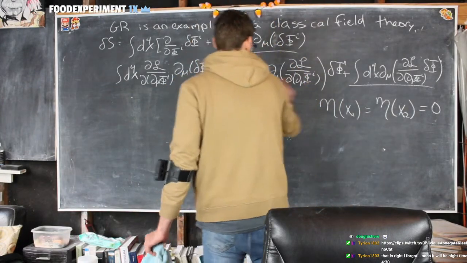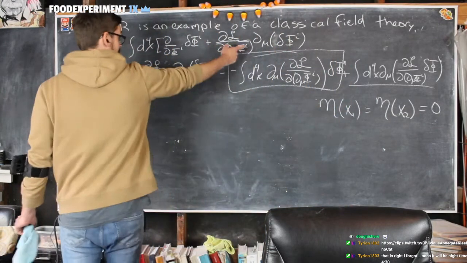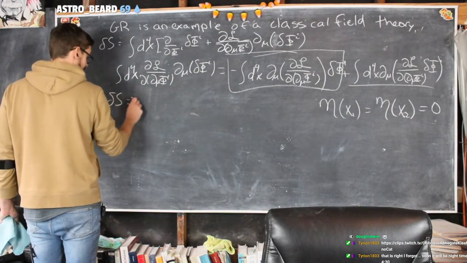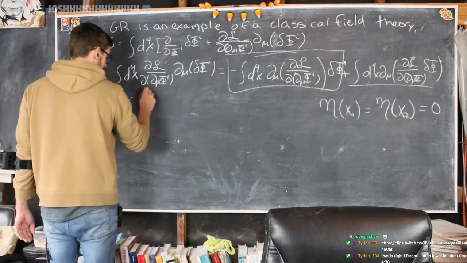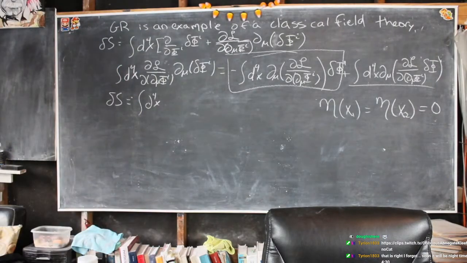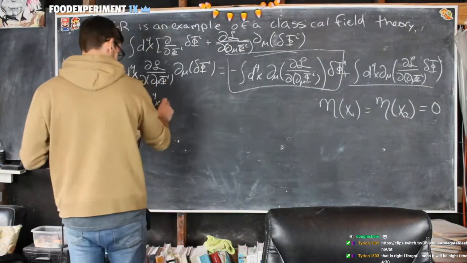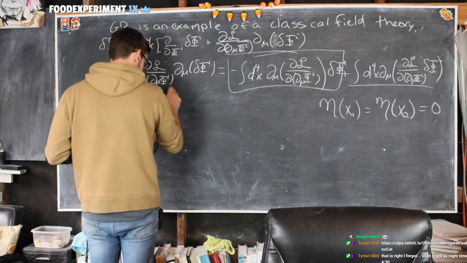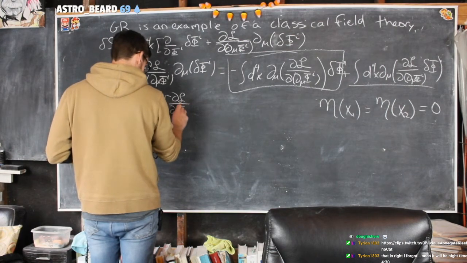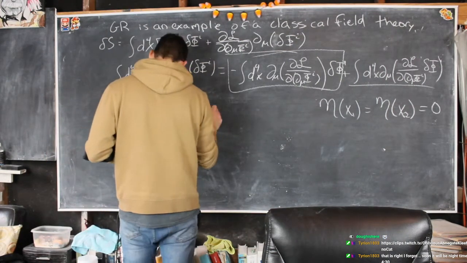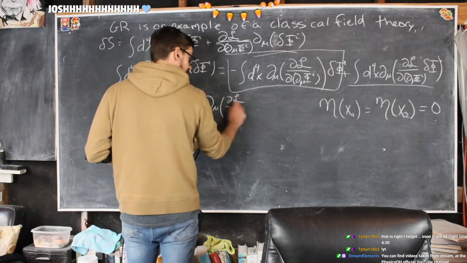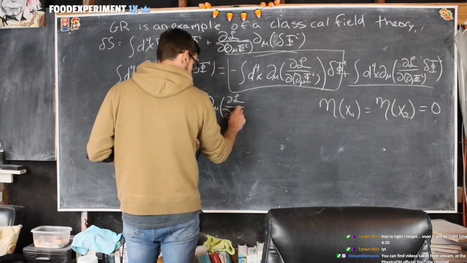So this is what we want. This now takes the place of this, and we can rewrite our variation of the action as the integral of d4x of the derivative of the Lagrangian with respect to the field, minus the derivative of the derivative of the Lagrangian with respect to the derivative of the field.